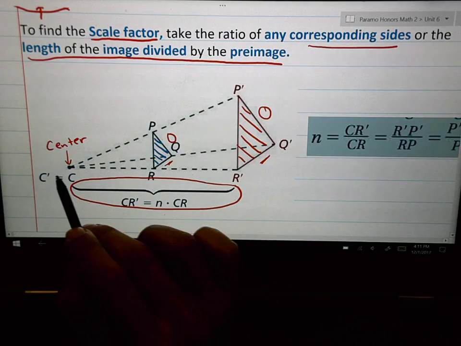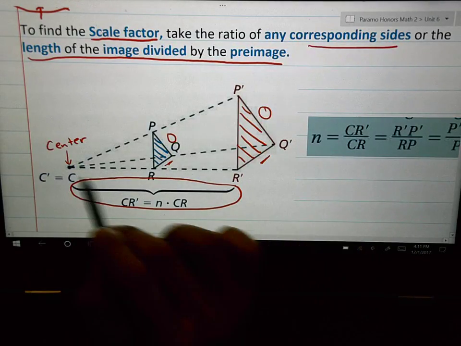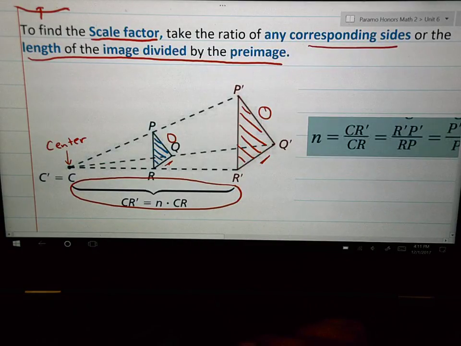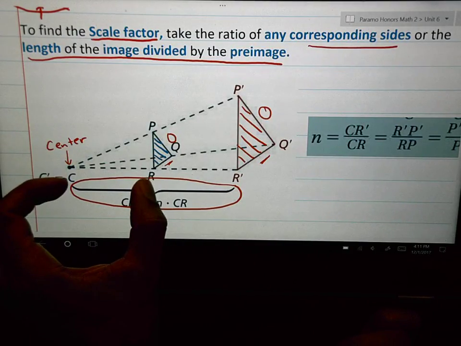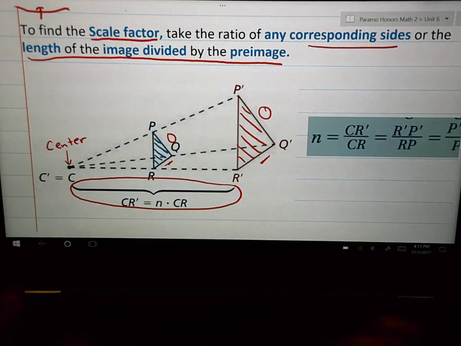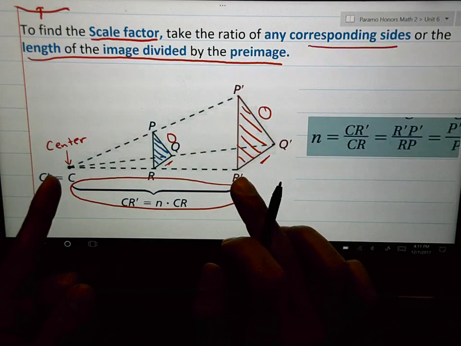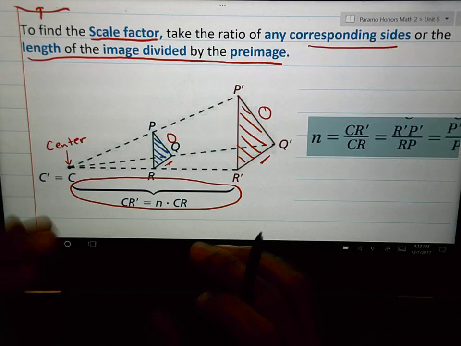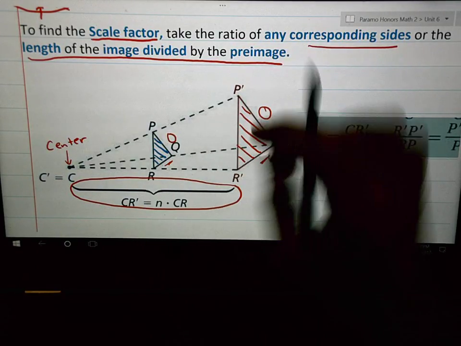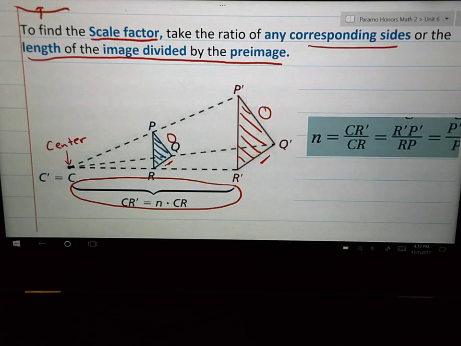We could even use C Q prime. We could even use C P prime. And we just divide it by the distance to the pre-image. The distance to the image divided by the distance to the pre-image. That ratio is going to be exactly the same ratio as these other sides because they're proportional.